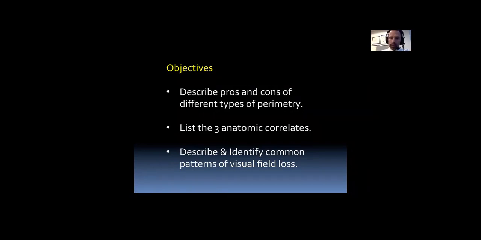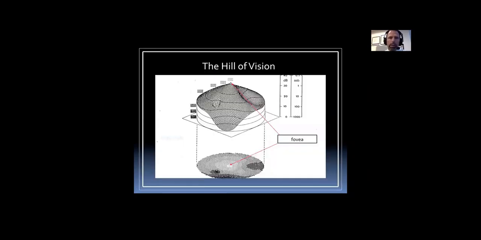So we will start, and I usually start with this diagram, which we call the hill of vision. As you know, at the fovea, we have our most sensitive part of the visual system, and there's this peak or top of the mountain of the hill of vision there. At our physiologic blind spot, we have a pit of infinite depth because there are no photoreceptors that overlie the optic disc, hence the physiologic blind spot.